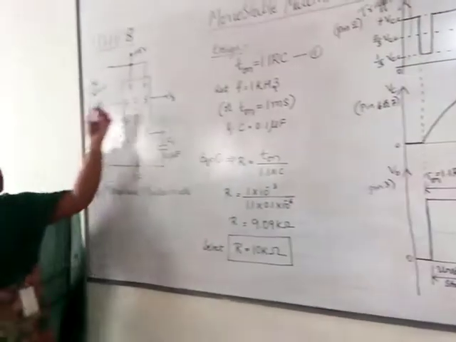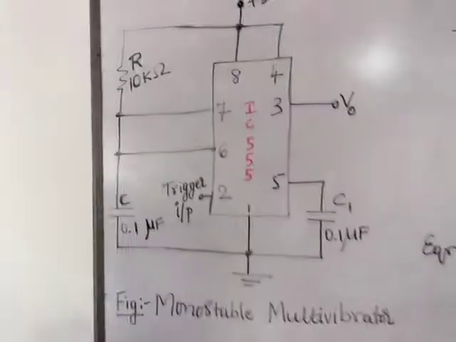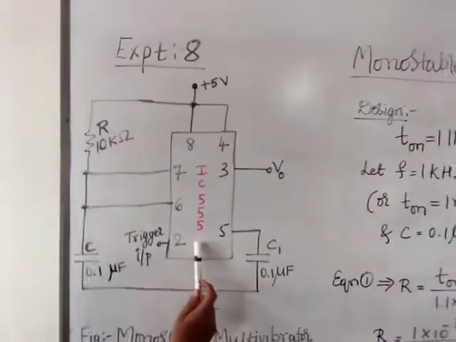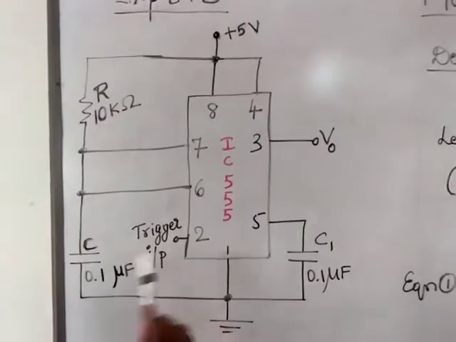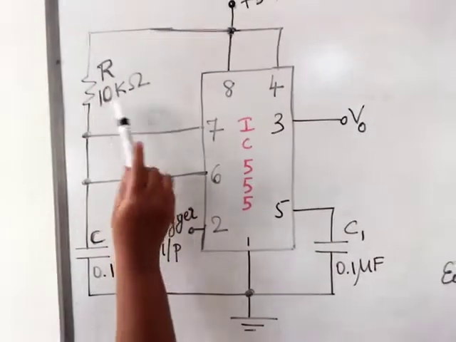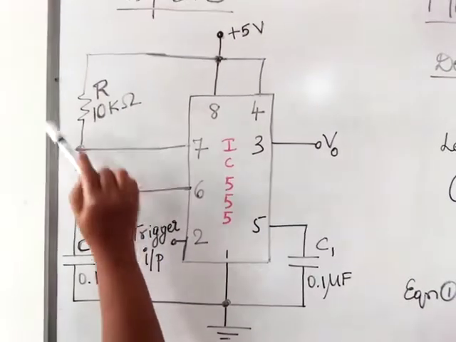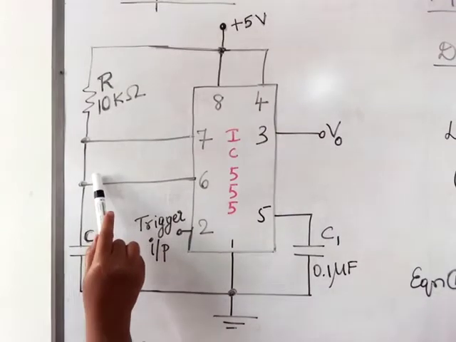Here is the circuit diagram of the monostable multivibrator. The IC 555 timer is used, as in the case of astable multivibrator. The difference compared to astable multivibrator is that here only one resistance is used, whereas the other resistance RB is not used.